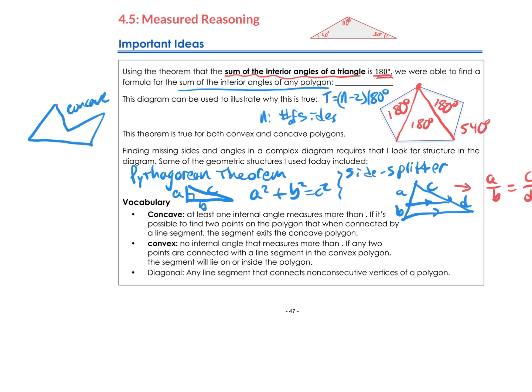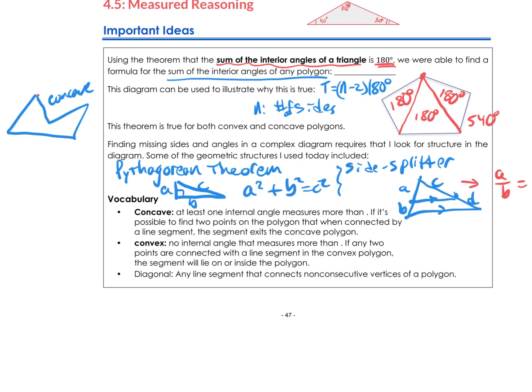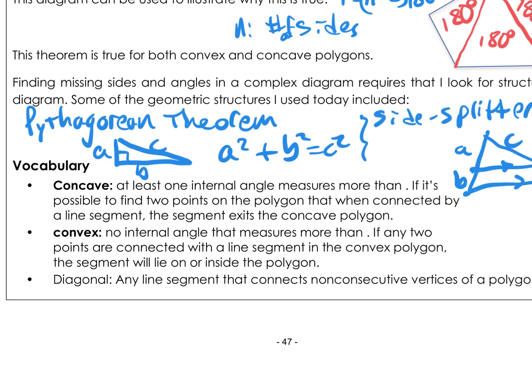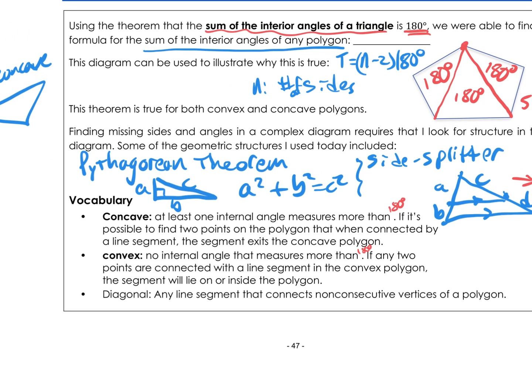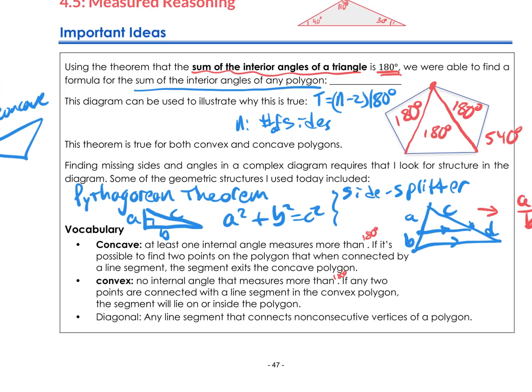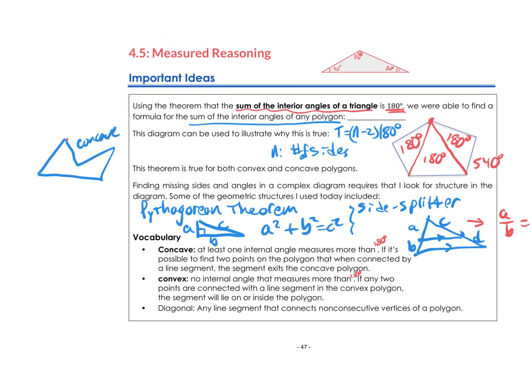So if we try to connect these two, there'll be a line segment outside. Convex means that no internal angle measures more than 180. Looks like we have some angles that didn't print there. If any 2 points are connected, then all the diagonals are inside the polygon. So, all right. Great. Well, there's a recap of that.